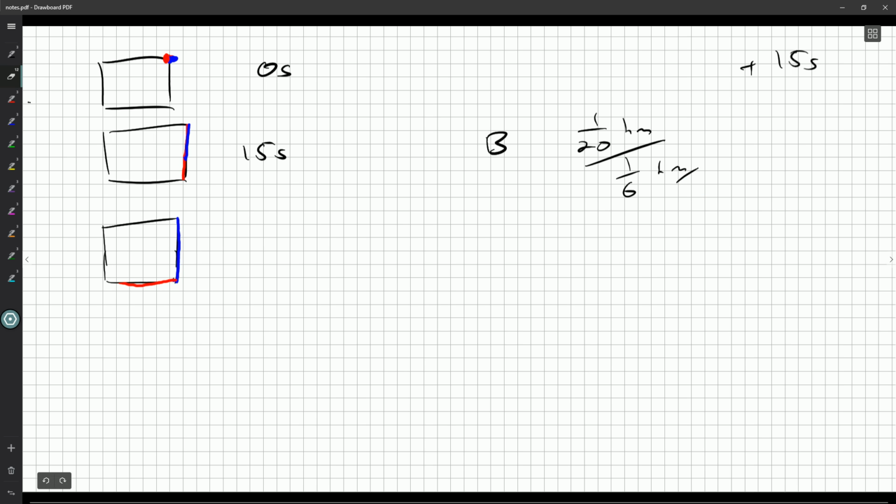She goes a sixth of a kilometer per minute. Yeah. So 6/20ths of a minute, or 3/10ths of a minute, but a minute is 60 seconds. So 60 times that. So after 18 seconds, she's on here again.